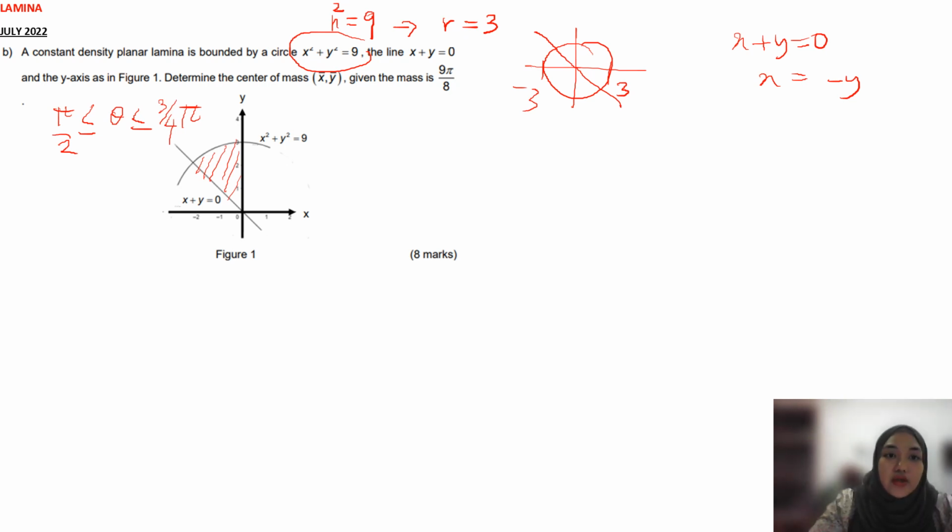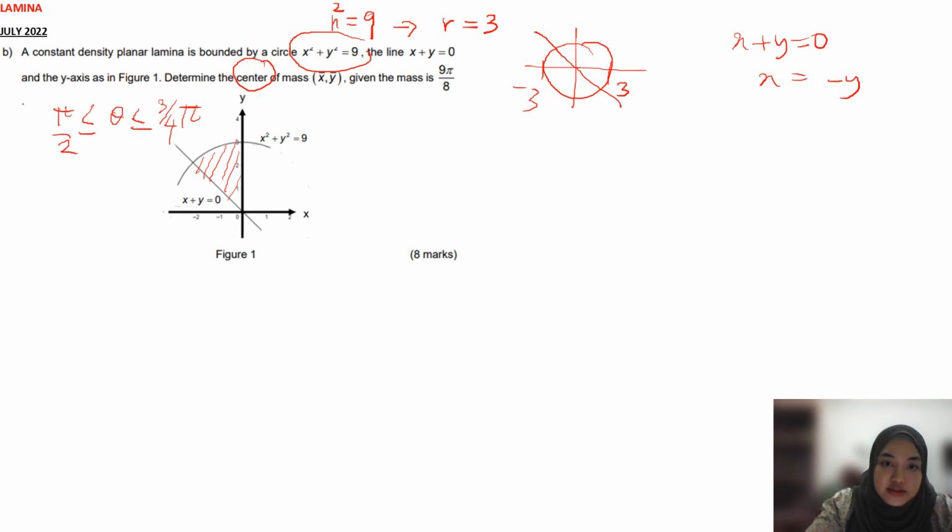Alright, so since the question asks you to determine the center of mass, meaning that we have to find the Mx and My. Okay, x bar and then y bar. Okay, coordinates. We have to find the coordinates.